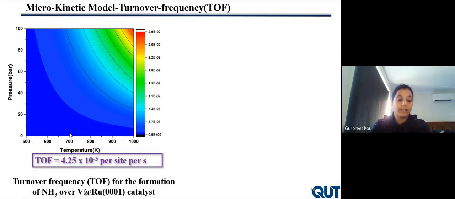Here we found that the turnover frequency was 4.25 times 10 raised to the power minus 3 per site per second, which is quite high as compared to pure ruthenium, where the turnover frequency is of the order of 7 times 10 raised to the power minus 5.